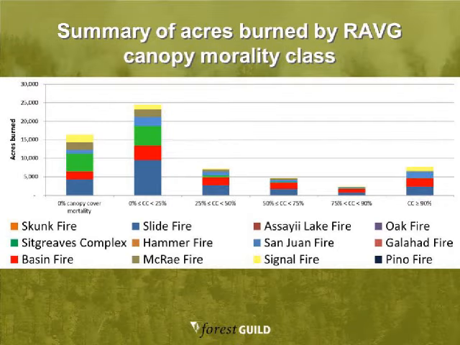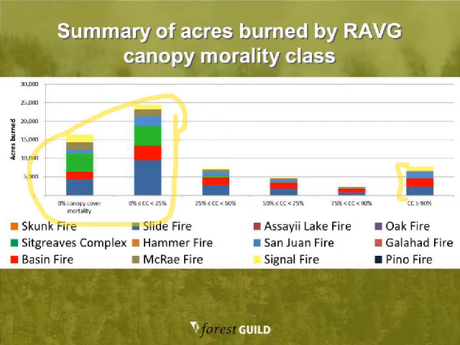When we look at those fires for which we have RAVG data, we see that there's a large portion of the overall acreage in these very low canopy mortality classes, and relatively few acres, about 7,000 acres, in this near complete canopy mortality class. So that's good.